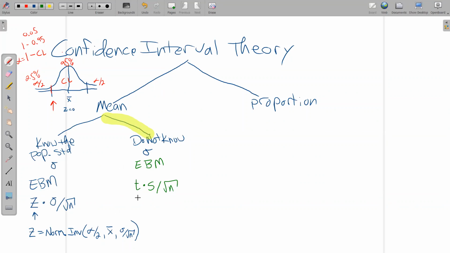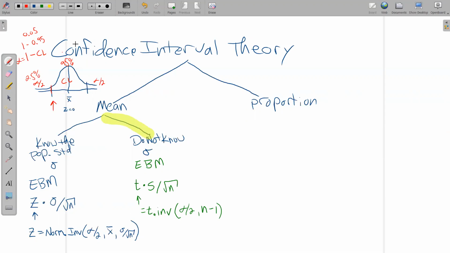The t-score that we need here is calculated a little bit differently than the norm inverse. We need a formula called the t inverse, so that's T.INV. And the spreadsheet capitalizes these, but it turns out it's not case sensitive. And then what it wants to know is alpha over 2 again, and then it wants to know the sample size minus 1.